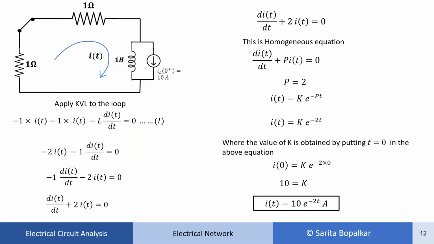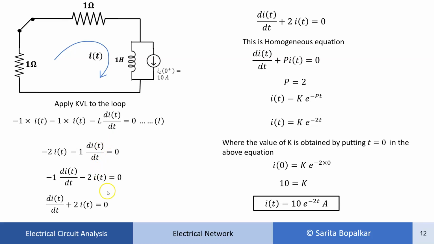So here remember, in the previous videos we solved examples based on finding initial conditions. The steps are the same here also. Only at this point, whenever we get the differential equation, in initial conditions we put t is equal to 0, but here we are not putting t is equal to 0.